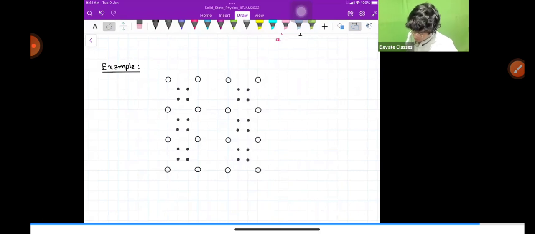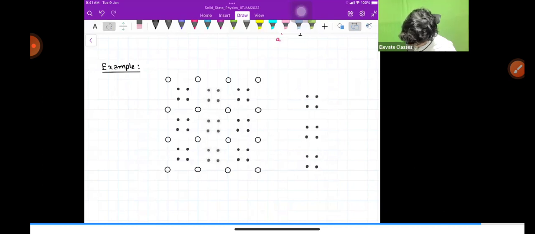All right, and then we have, so this is the structure.